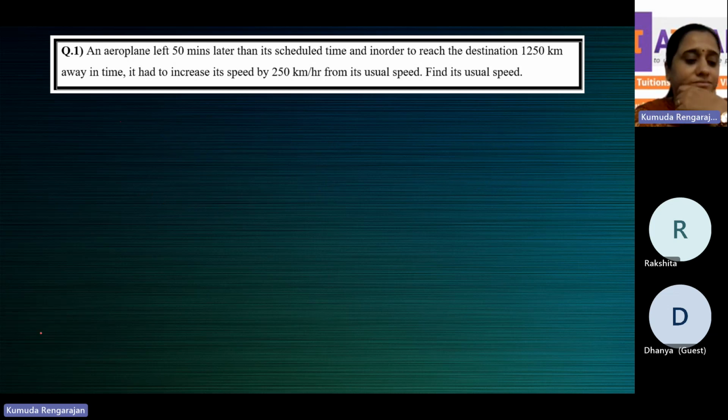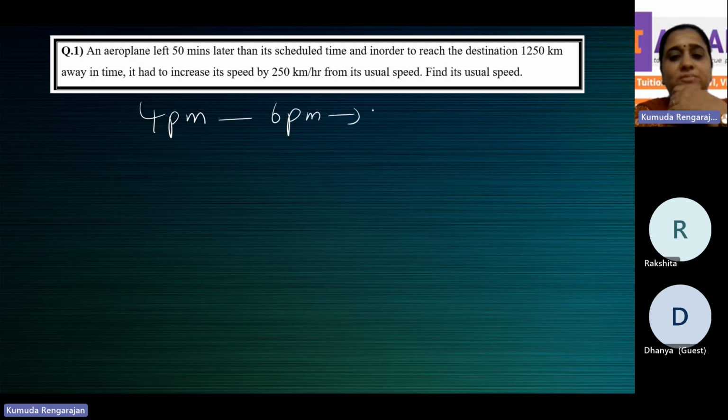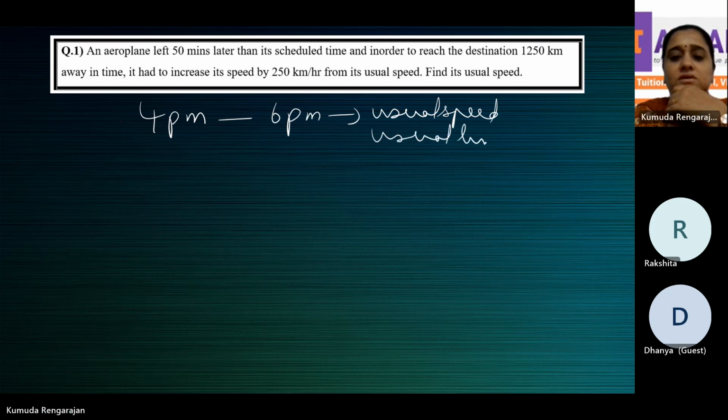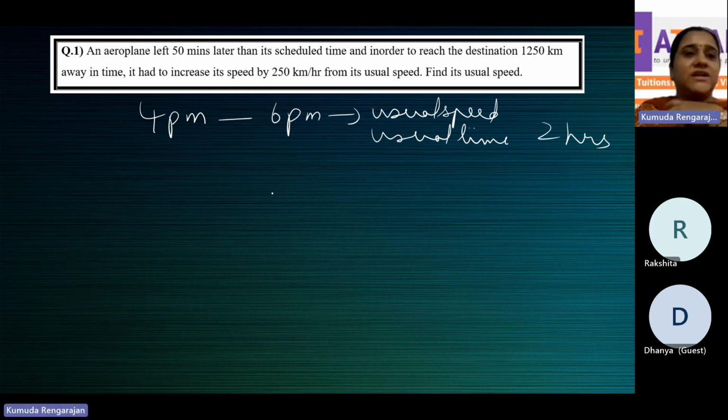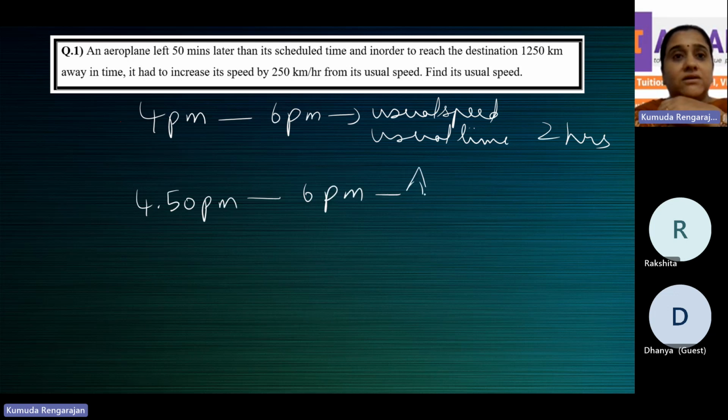In our example, the plane starts at 4 p.m. and reaches at 6 p.m. This is the usual speed, so the usual time is 2 hours. Now it's delayed by 50 minutes, meaning it starts at 4:50 p.m. but it has to reach at 6 p.m. So he increases his speed.